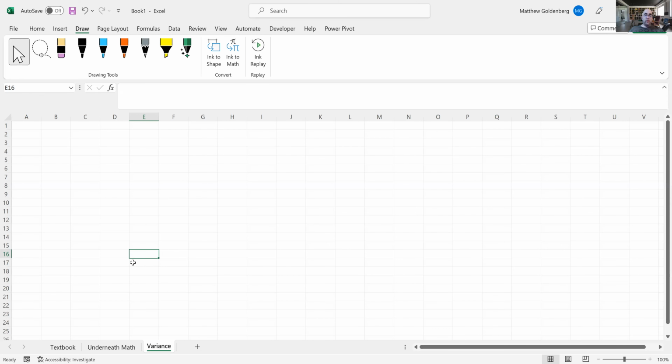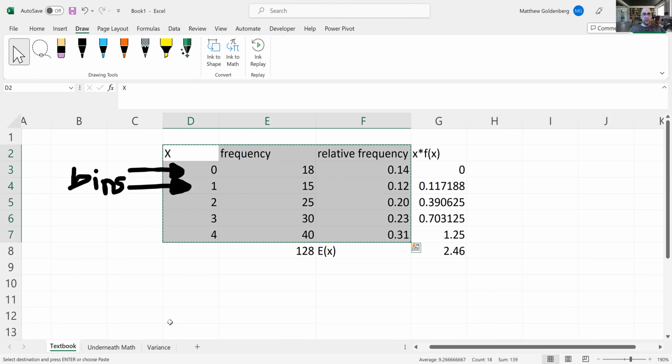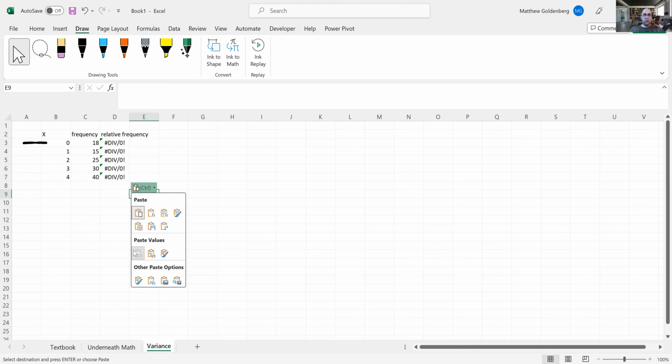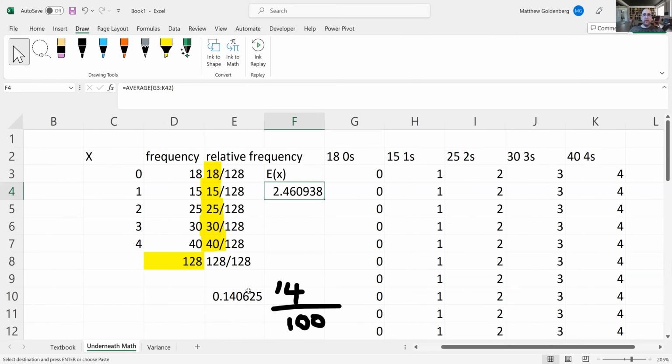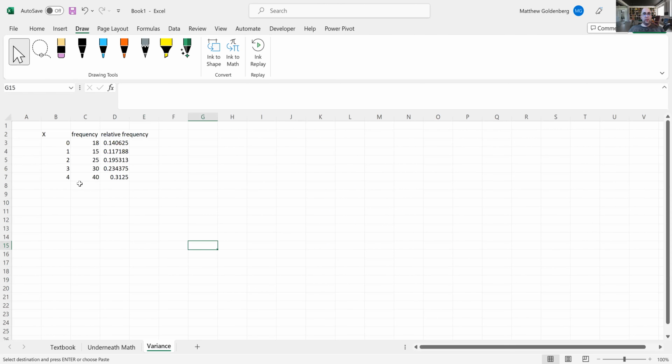So you need a couple of things to take this kind of frequency distribution and calculate the variance. First, you need the expected value or mean. And I'm just going to take this one from our previous work here, and I'm going to copy it into this new folder.